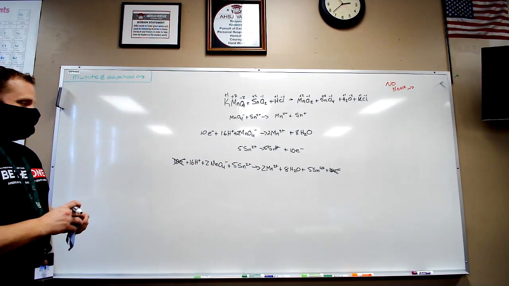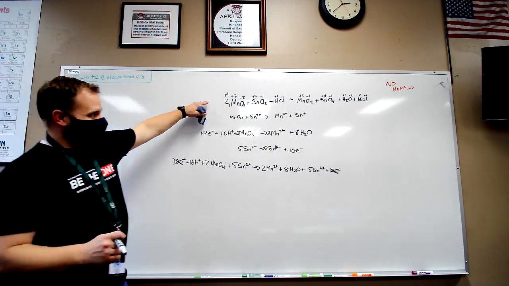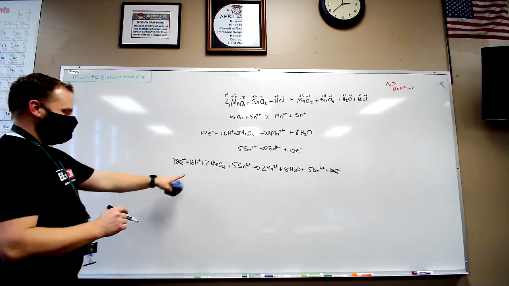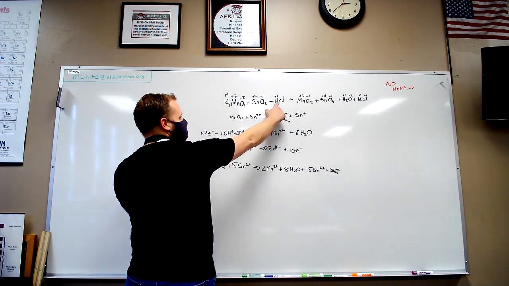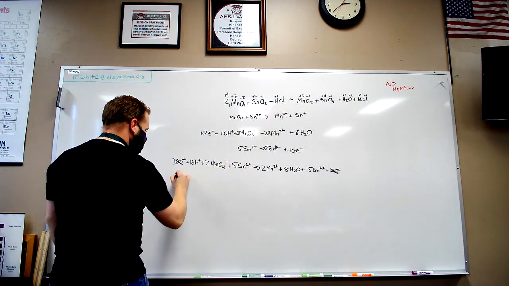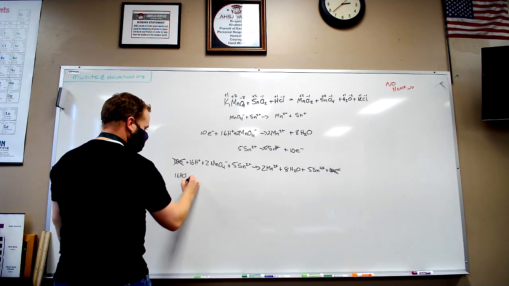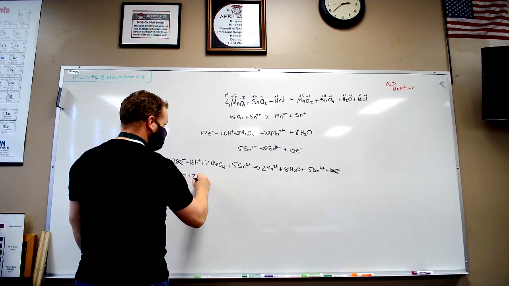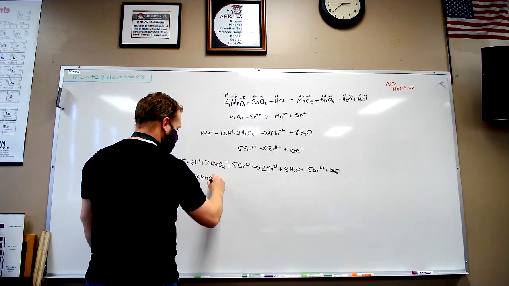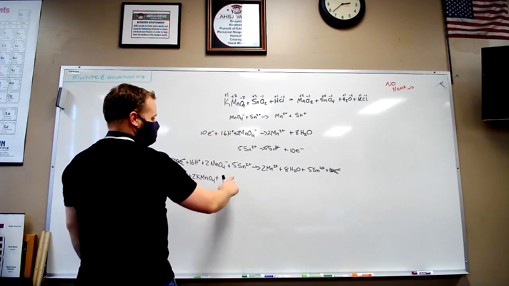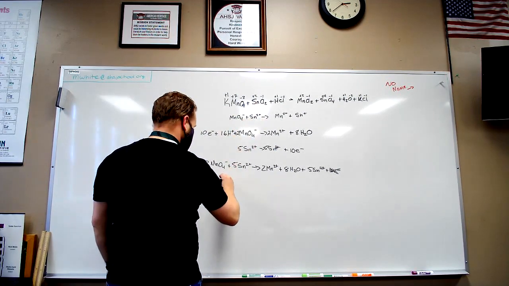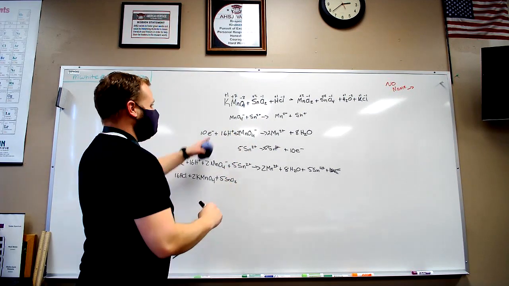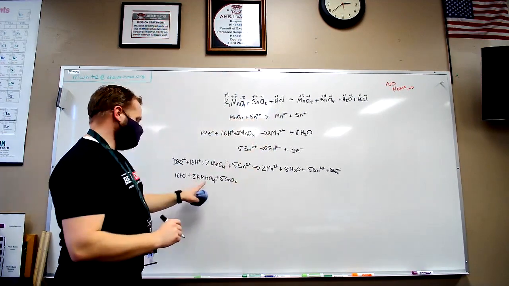So at this point, since we started with all of our spectator ions, we can add them back in. So where does this 8 plus come from? Right here. So if we have 16 HCl plus, this came from right there. The tin right there. So we have 1, 2, 3, 1, 2, 3.